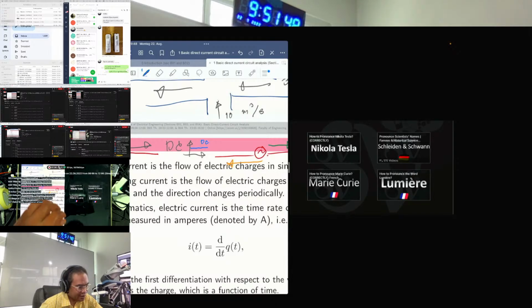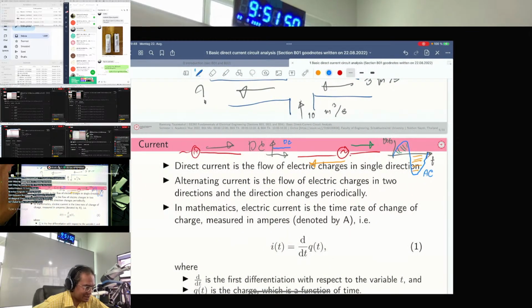Okay, and that's the correct way to pronounce the name of the famous French physicist Andre Marie Ampere.